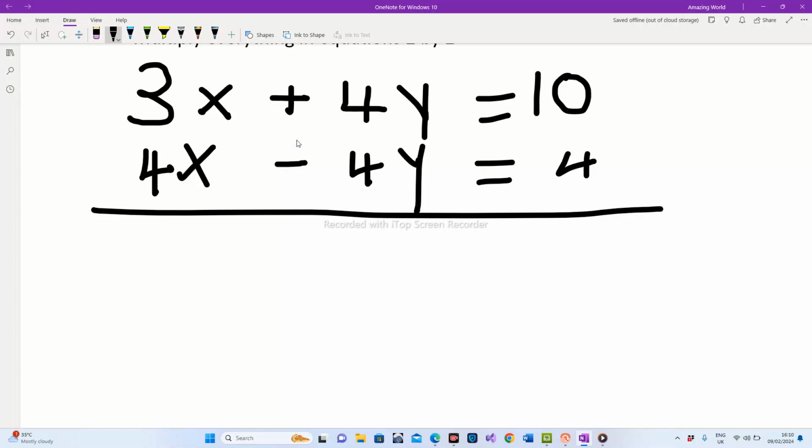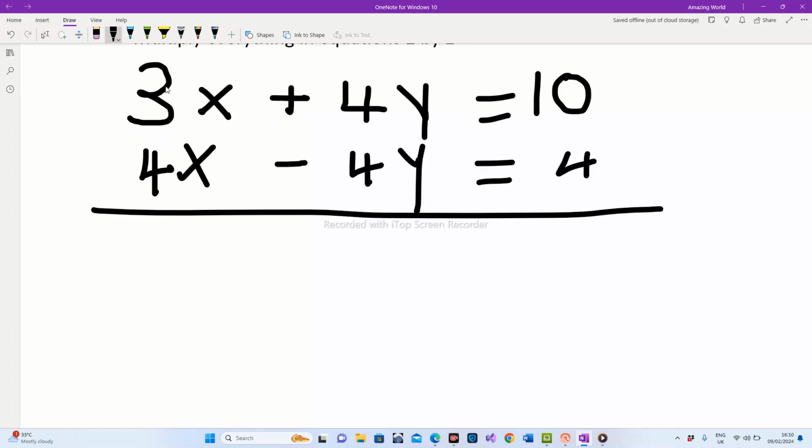Now for this one, you will notice that I have plus 4y minus 4y. That means I have $4 and I'm owing $4. When I give out the $4 that I am owing, to pay back the $4, it means I am left with no cash. That gives me 0.